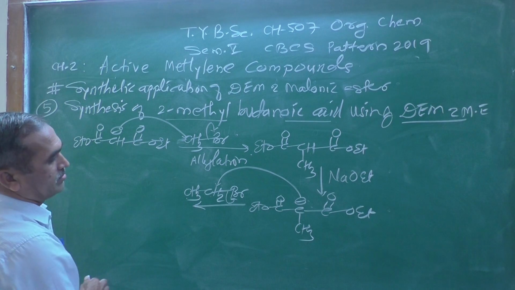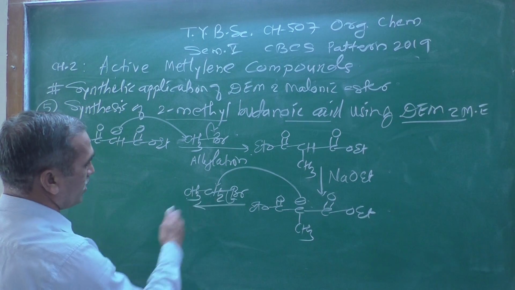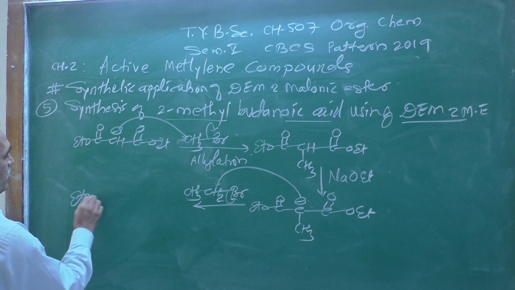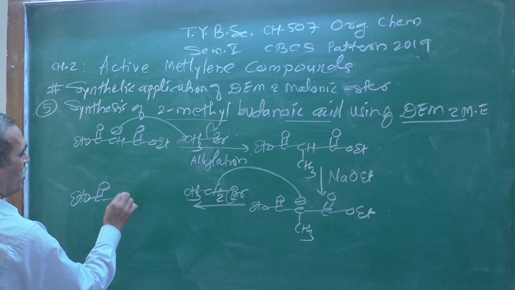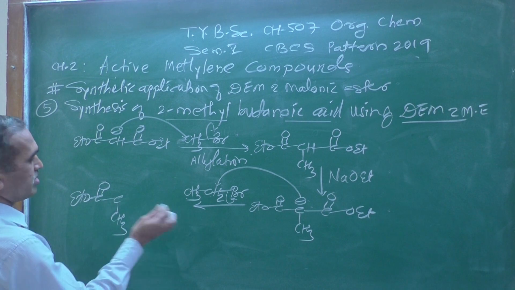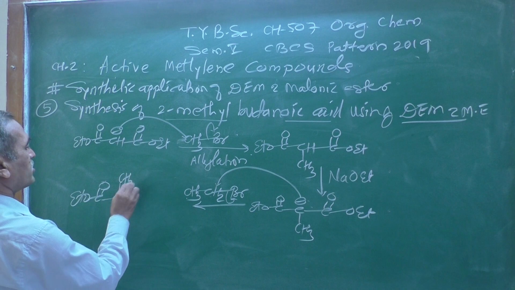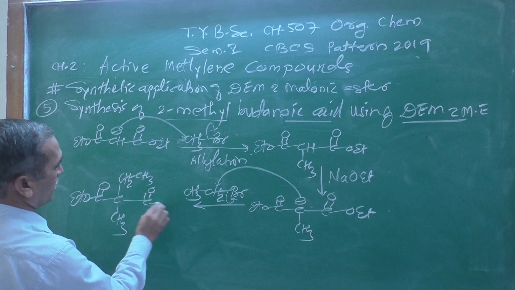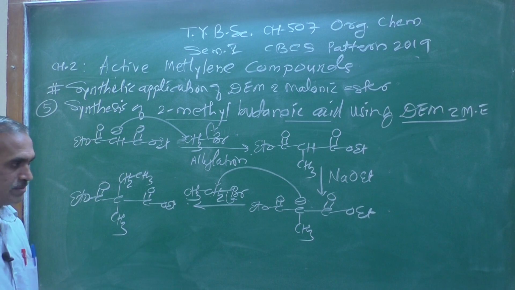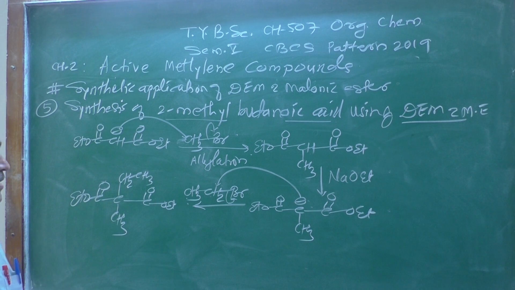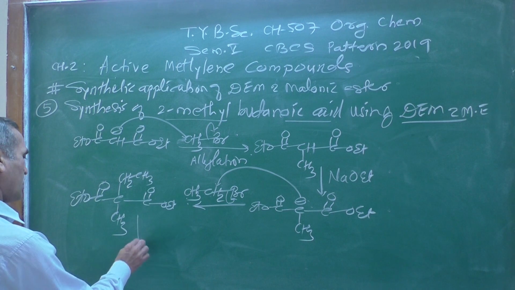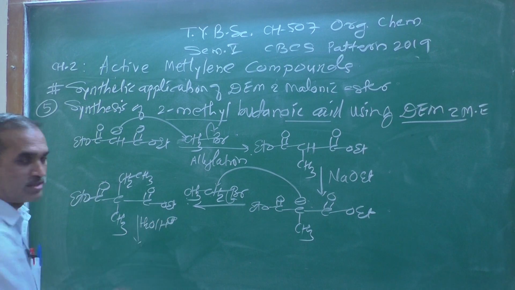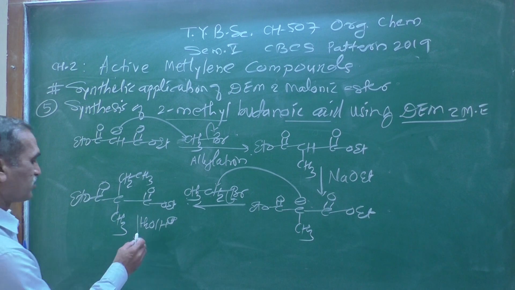by departing Br from here, and you are going to get here EtO, then C double bond O, then here I am writing CH3 as it is, and here we can write CH2CH3, and the rest of the part of the organic molecule we can write as it is. And now what will be the next step? Next step is, as usual, you can use H2O in presence of H plus, that is a hydrolysis process, right?